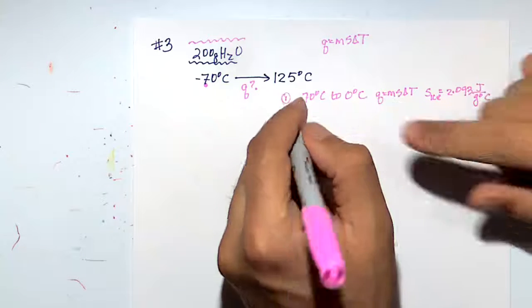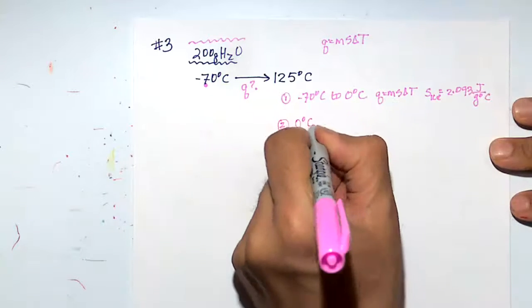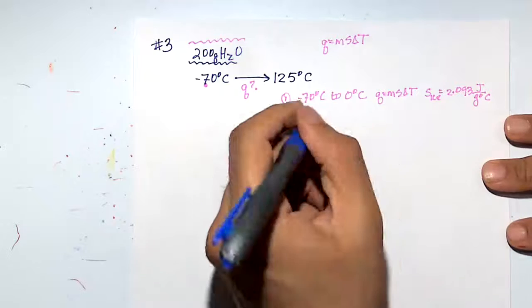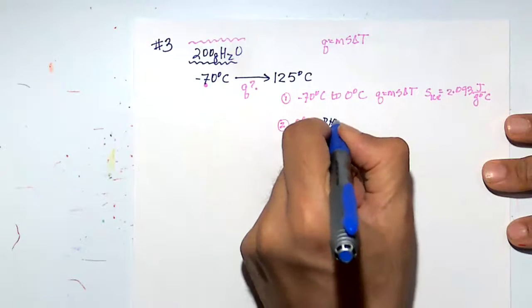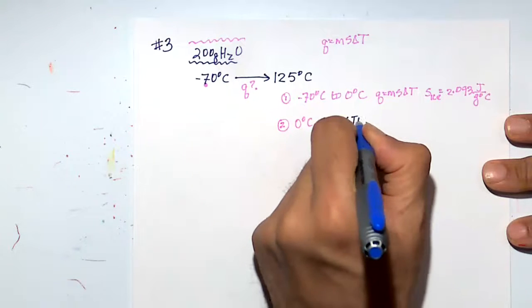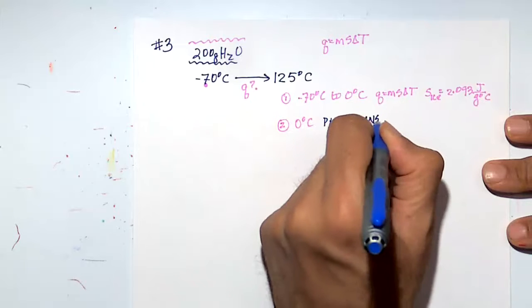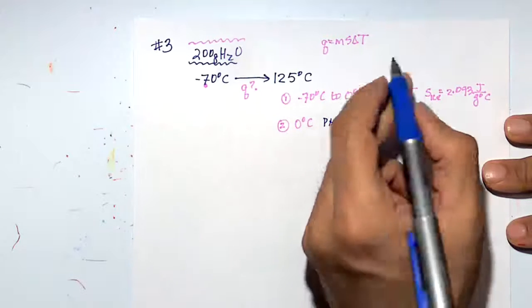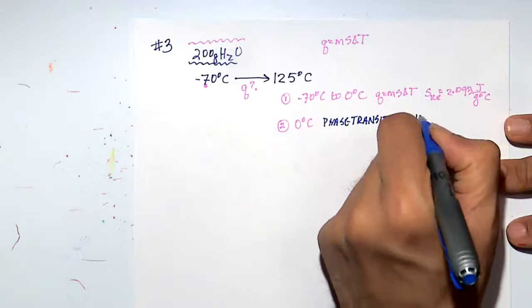Okay, what happens at 0 degrees? Something called a phase transition happens at 0 degrees. So for the phase transition, you have to add the heat of fusion.